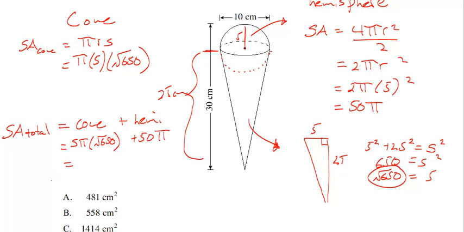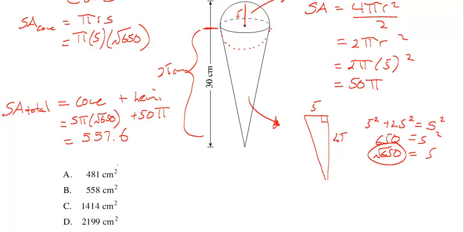And crunching those numbers, the total surface area to, I think, approximately one decimal place here is 557.6. And so if we round this to the nearest amount right here, you'll see that this works quite nicely. We have our solution being B, 558 roughly. All right, some tough questions, absolutely.